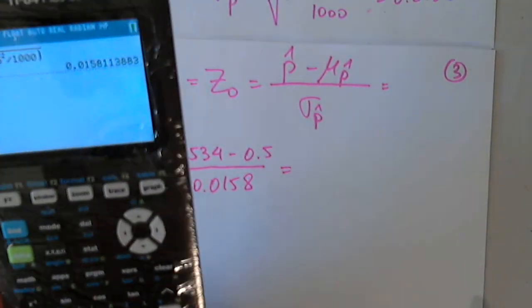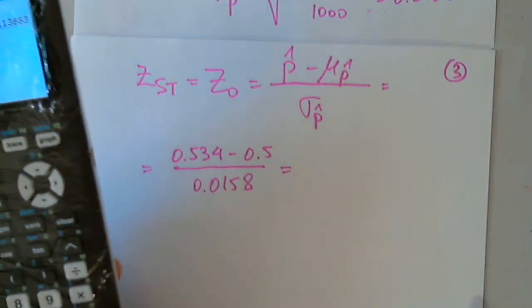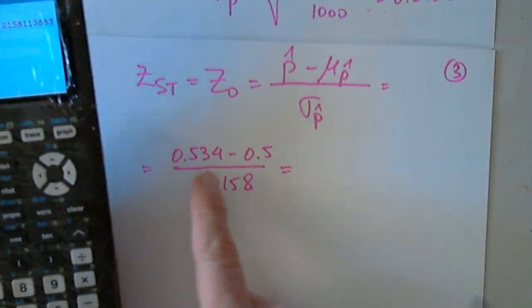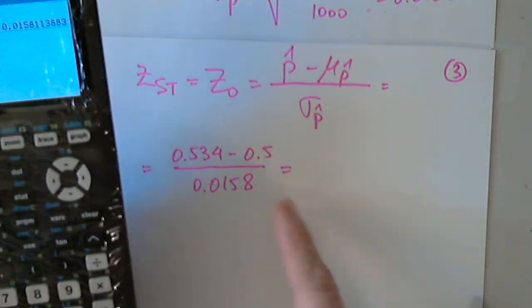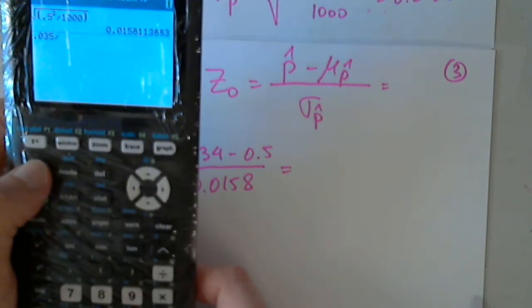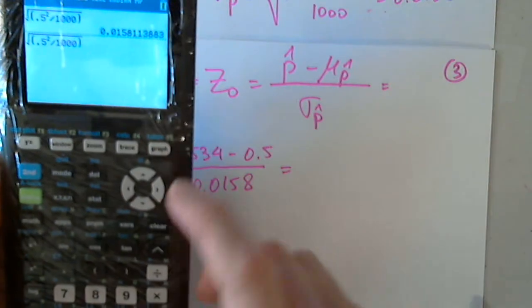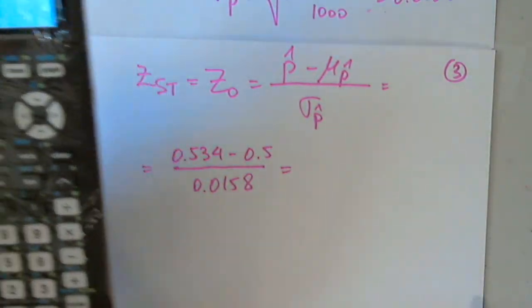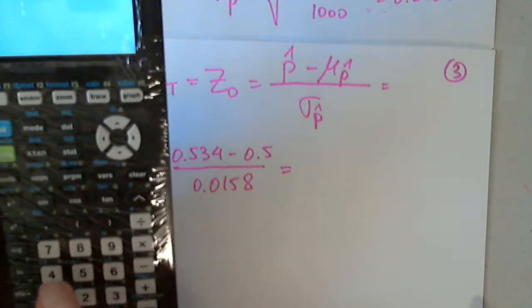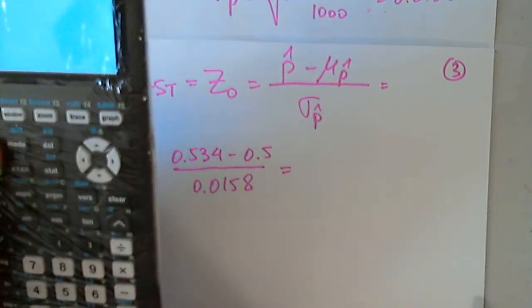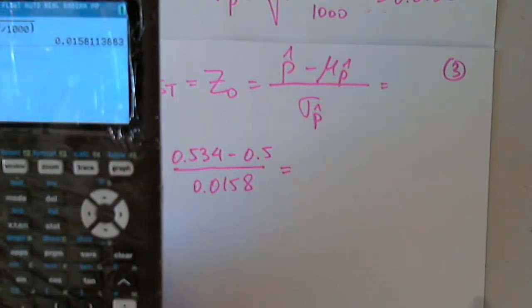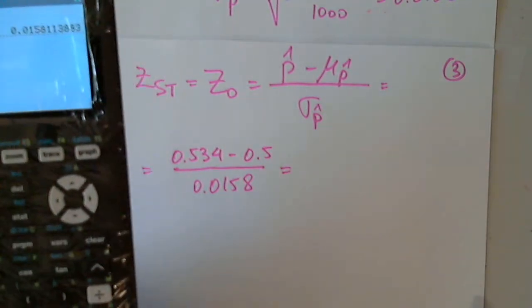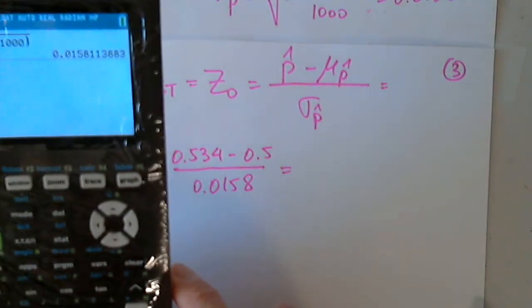So this is 0.034 because 0.534 minus 0.5 will be 0.034. And I divide by the previous answer. I meant 0.034 divided by the previous answer, please. Yes. Okay. These calculators, you have to be very careful.